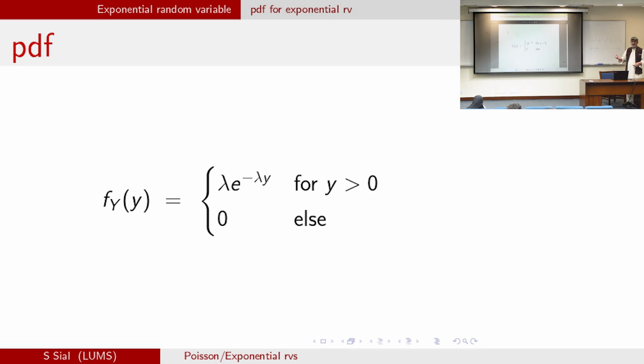I expect lambda events to occur in this time interval. Then the related exponential distribution, let's call that random variable y. That's given by the lambda, which was the expectation from the Poisson distribution: lambda e to the negative lambda y for y greater than 0, and 0 otherwise.